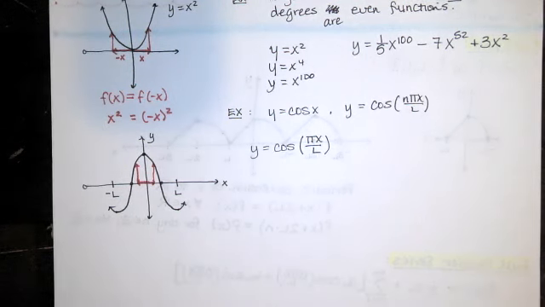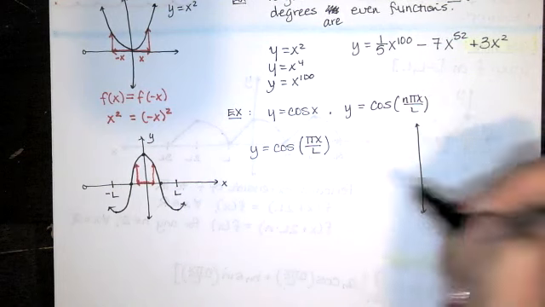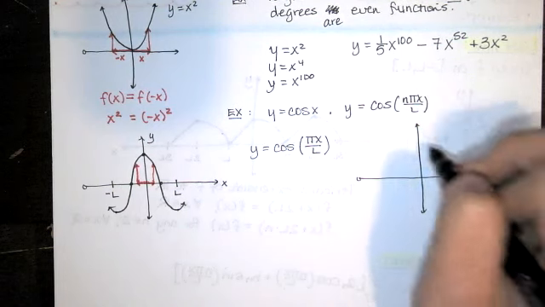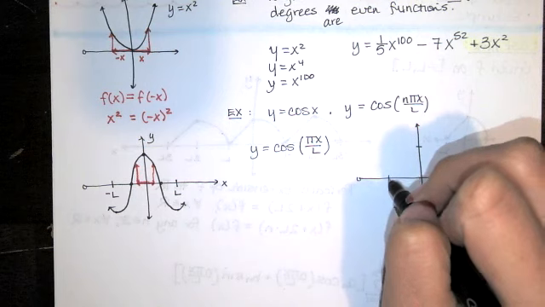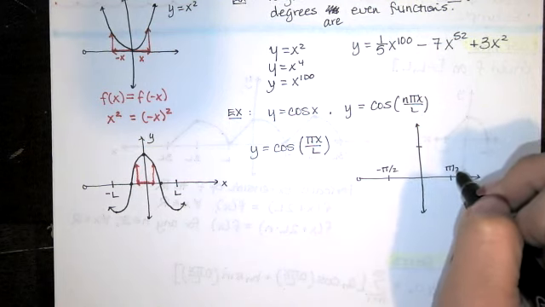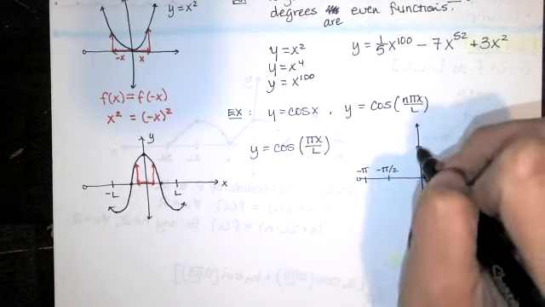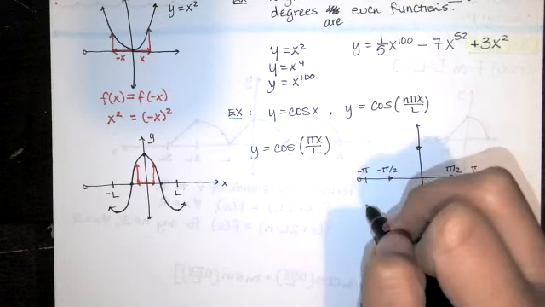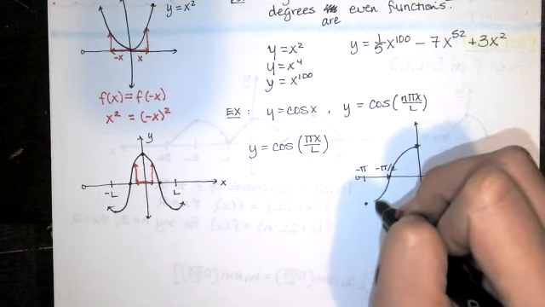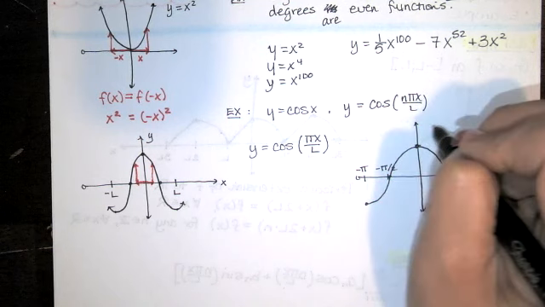I guess I probably should have used the picture of just cosine of x. It's going to look very similar. Made it a little wider this time, but you get the idea.